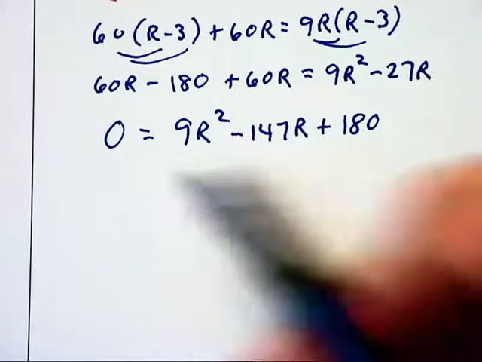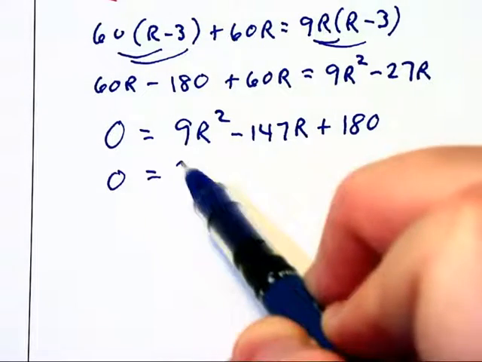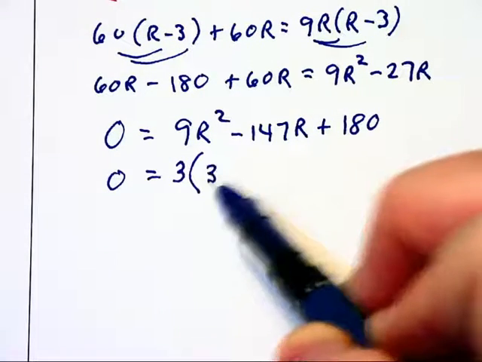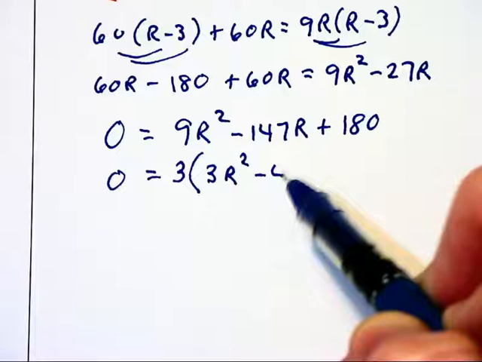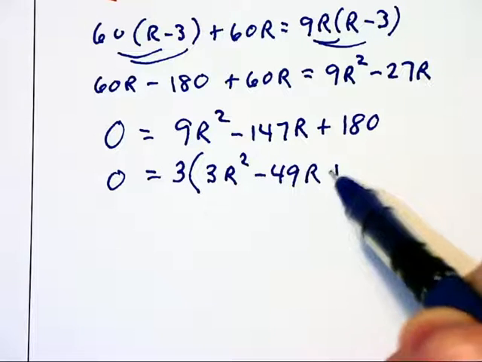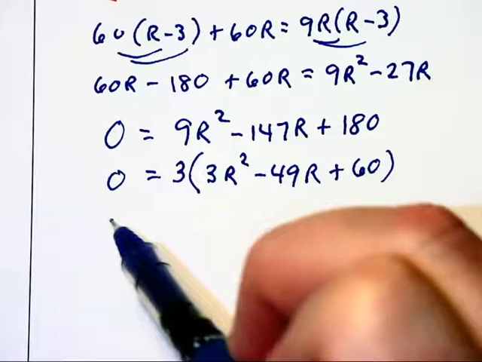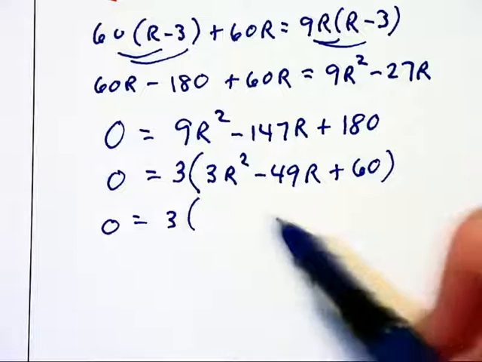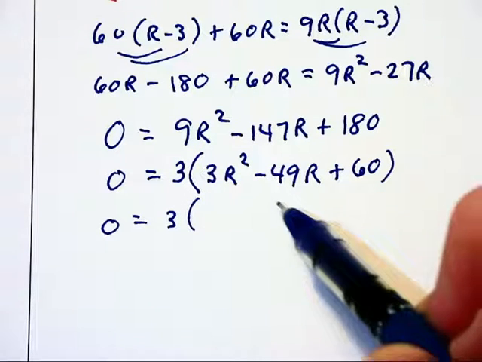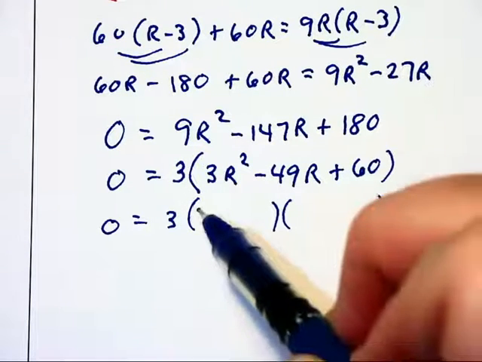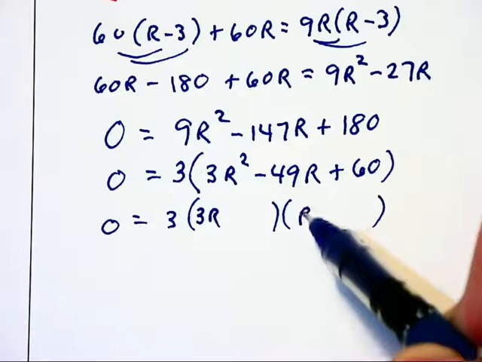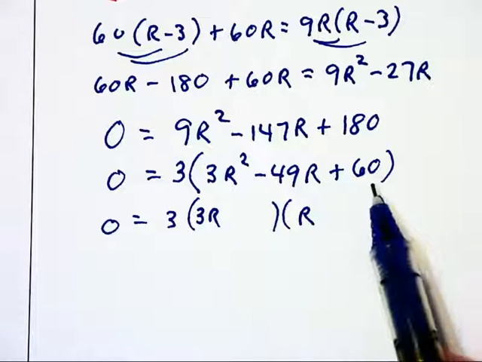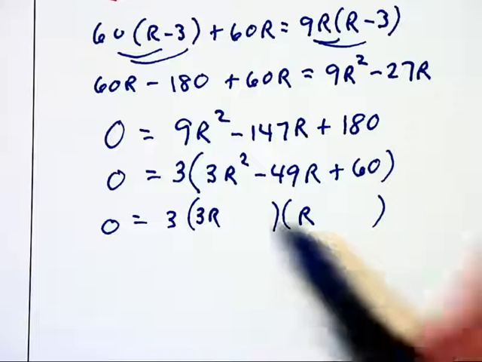Now we want to factor the right, and I notice that I can divide out a 3, leaving 3r squared minus 49r plus 60. We can really ignore this 3 out front, but I'll keep it here for the moment. It turns out we're going to have 3r times 1r, and it turns out also that we're going to have 15 times 4.